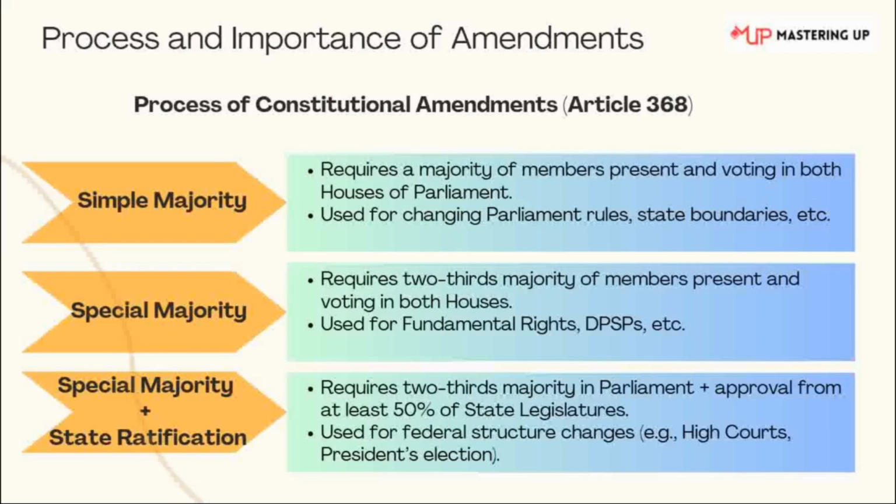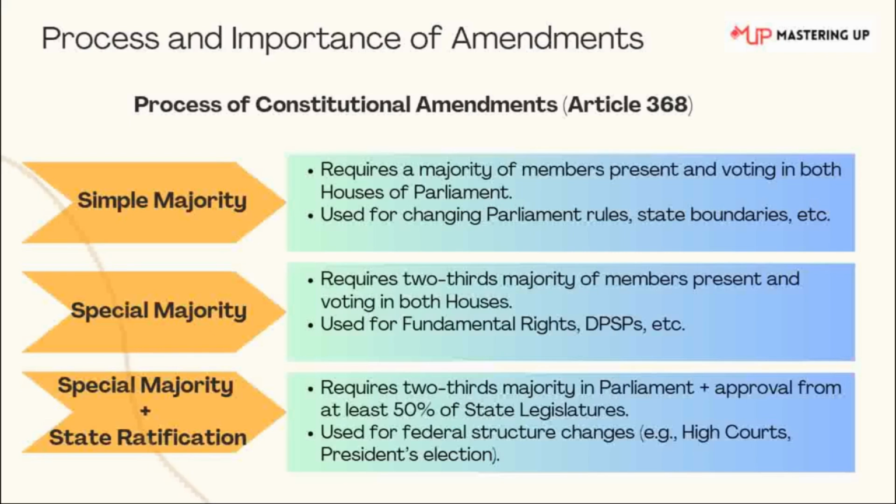Simple majority is used for amendments to parliament rules, state boundaries, etc., which requires a majority of members present and voting in both houses of parliament. Special majority is used for amendments to subjects like fundamental rights, DPSPs, etc., where it requires a two-thirds majority of members present and voting in both houses.